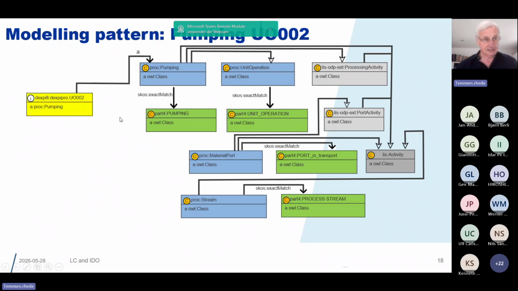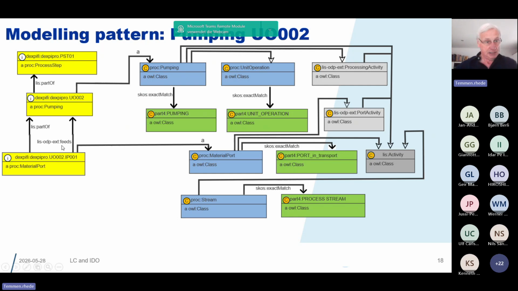And now to the instances, we have the pumping instance, which is of type pumping. Then it is part of the whole process step, and the pumping has a material port as part, and here we see the object property feeds: the material port feeds the pumping.